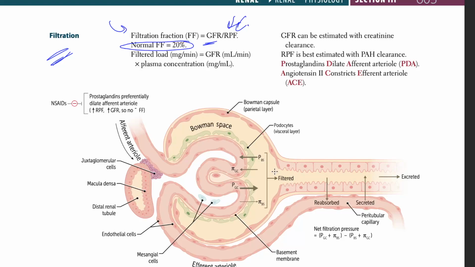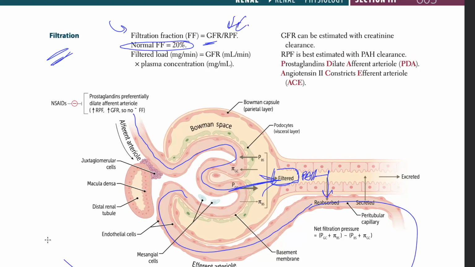And what is filtration? This is filtration. Whatever is coming from the blood gets filtered in. When that thing, let's say it's a pH, gets reabsorbed back into the blood, it can go all the way back.